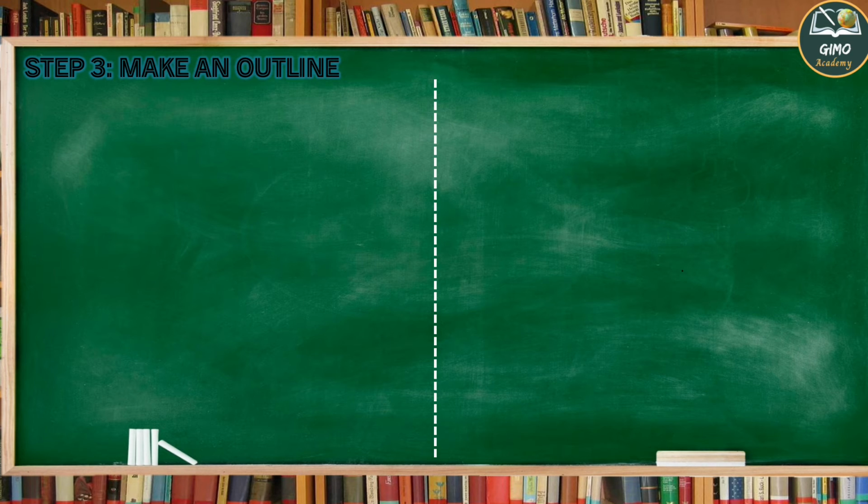Step number 3, make an outline. Once you have identified how many body paragraphs you should write in your particular essay, you should make an outline. You may be asking yourself, why do I need an outline? Let me just write in my essay. Stop and be careful.